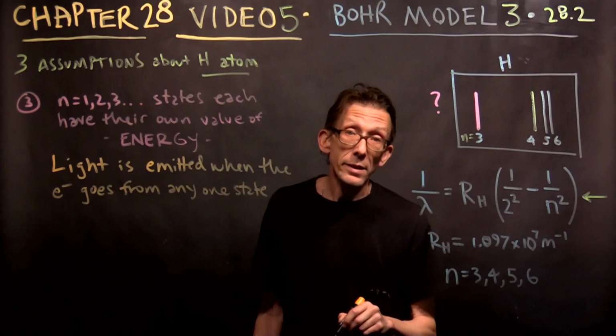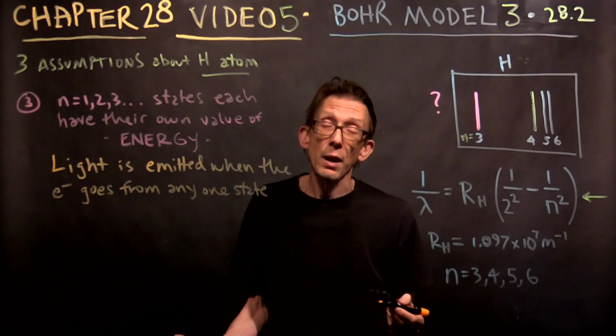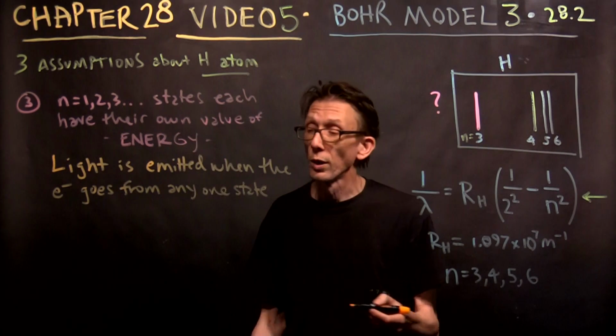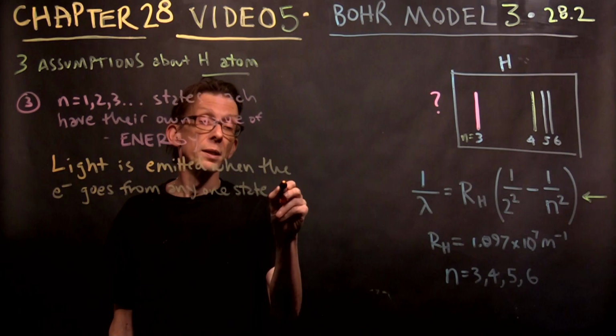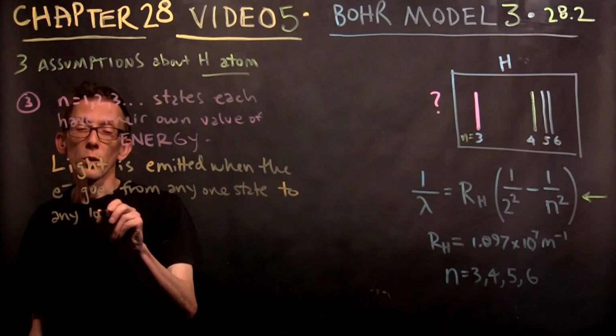It can change states. If you put a hydrogen atom in the n equals 3 state, it will not stay there. It will jump to a lower state. So light is emitted when the electron goes from any one state to any lower state.